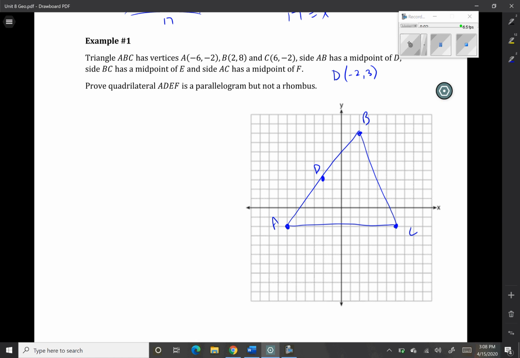And it says AC has a midpoint at point F. When I get from A to C, we're going to go over 1, 2, 3, 4, 5, 6, 7, 8, 9, 10, 11, 12 boxes. So halfway would be here. So point F is the coordinate 0, -2. It then says to connect D and F. And it wants us to prove that AD, oh, never mind, I went too fast.